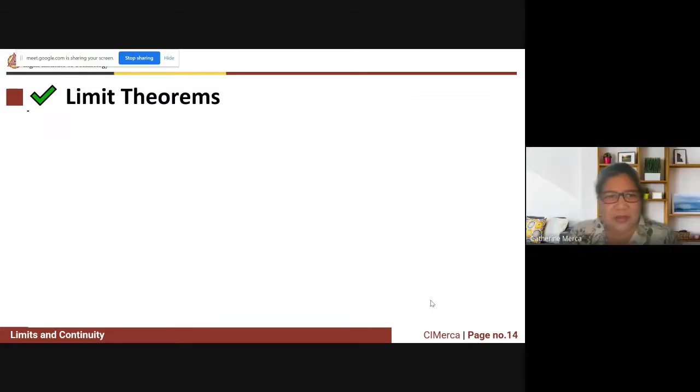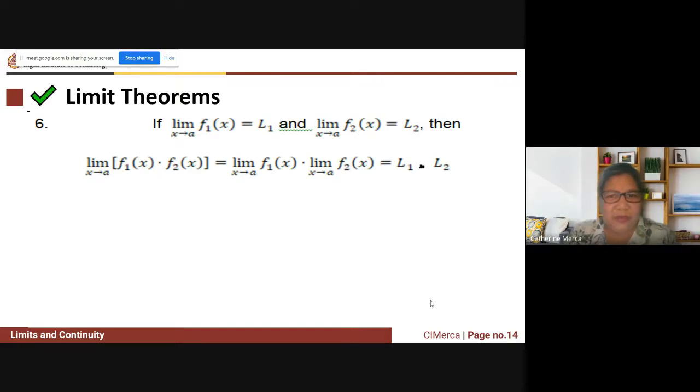So let's take a look at other limit theorems. We have the limit of the following. Multiplication. That is, if you take the limit of f sub 1 of x as x approaches a is L1 and limit of f sub 2 of x as x approaches a is equal to L2, then pag i-multiply ninyo ang f sub 1 of x and f sub 2 of x, then kwaon ang limit, it's the same as you take individually the limit of f sub 1 of x times the limit of f sub 2 of x.